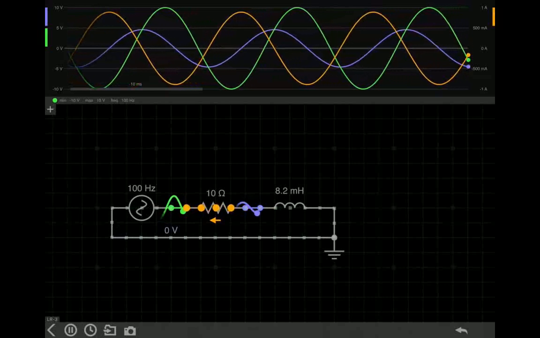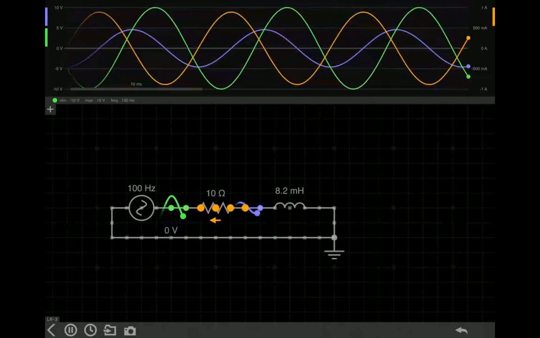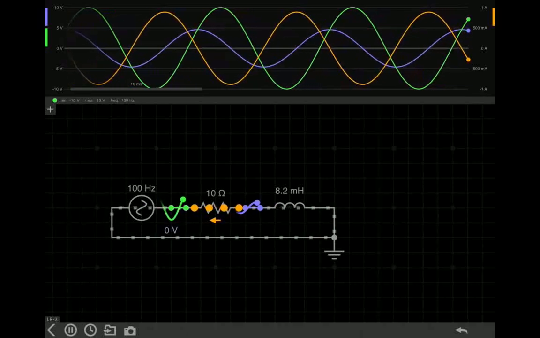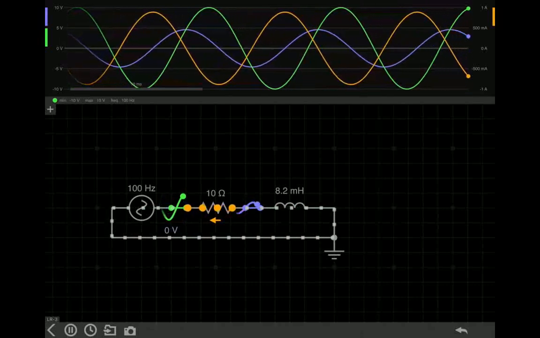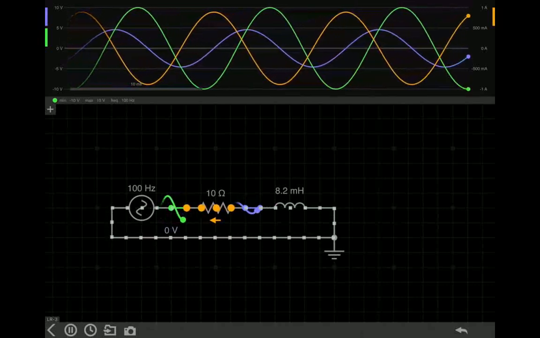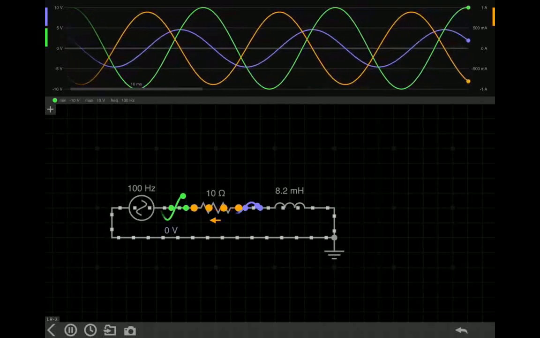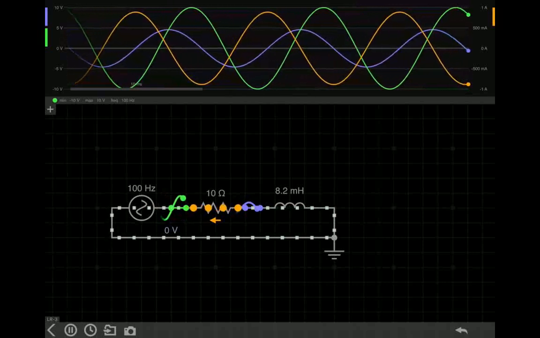This is the virtual circuit pertinent to question 3 in your lab report. We strongly suggest that you pause the video so you can carefully observe the waveforms of the current, shown here in orange, and the voltages across the circuit and the inductor, shown in green and purple accordingly.